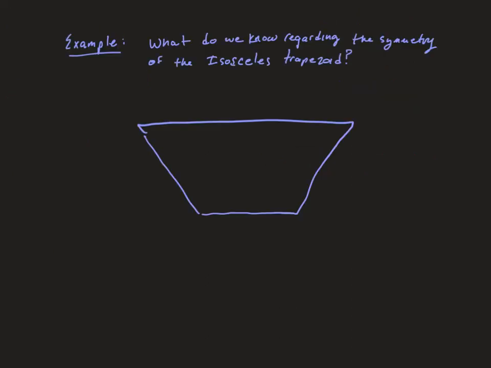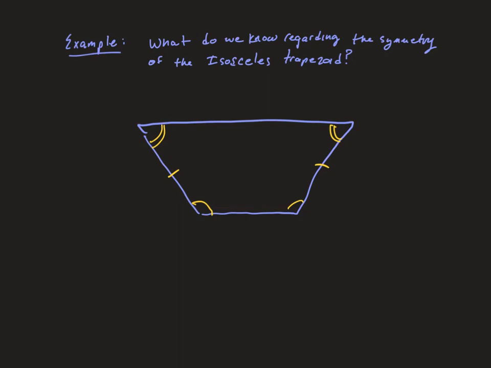What do we know regarding the symmetry of an isosceles triangle? On an isosceles triangle, this side is equal to this side, this angle is equal to this angle, and these angles are congruent. And you should be able to say, what do we know about symmetry?